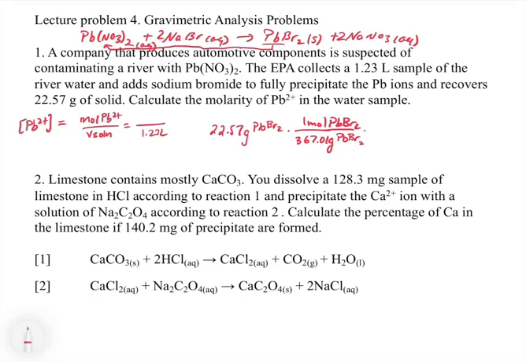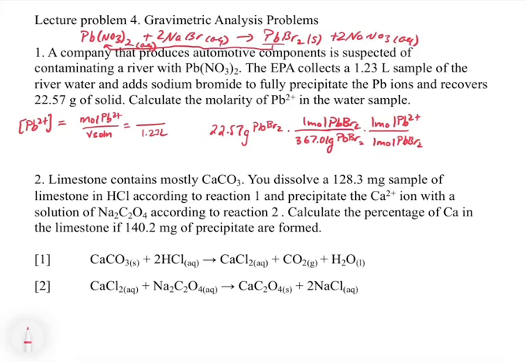And then according to our balanced reaction, for every 1 mole of lead bromide, there is 1 mole of lead nitrate or 1 mole of lead ions. Because remember, this is solubilized and aqueous, so really this is Pb2+ in solution plus 2 NO3- in solution. So we can say for every 1 mole of PbBr2, there is 1 mole of Pb2+ in solution.